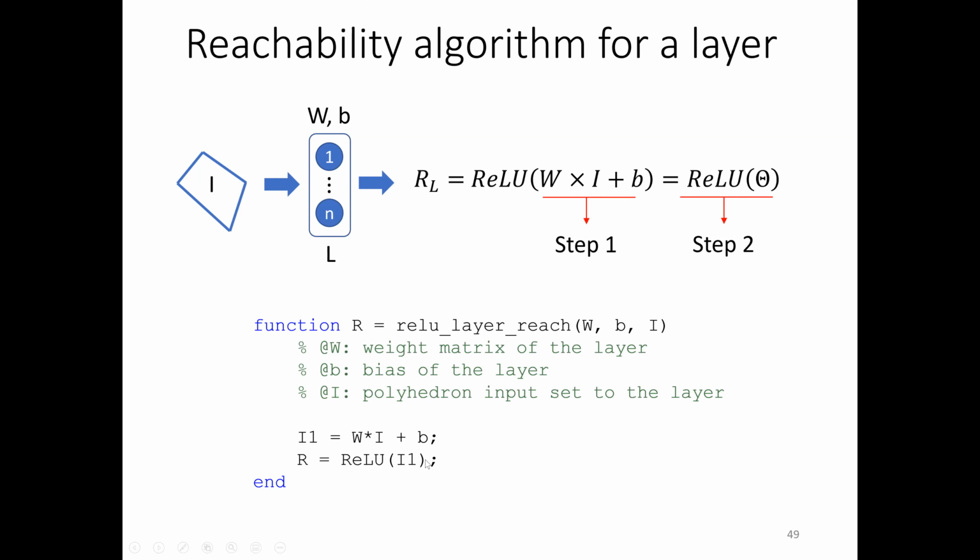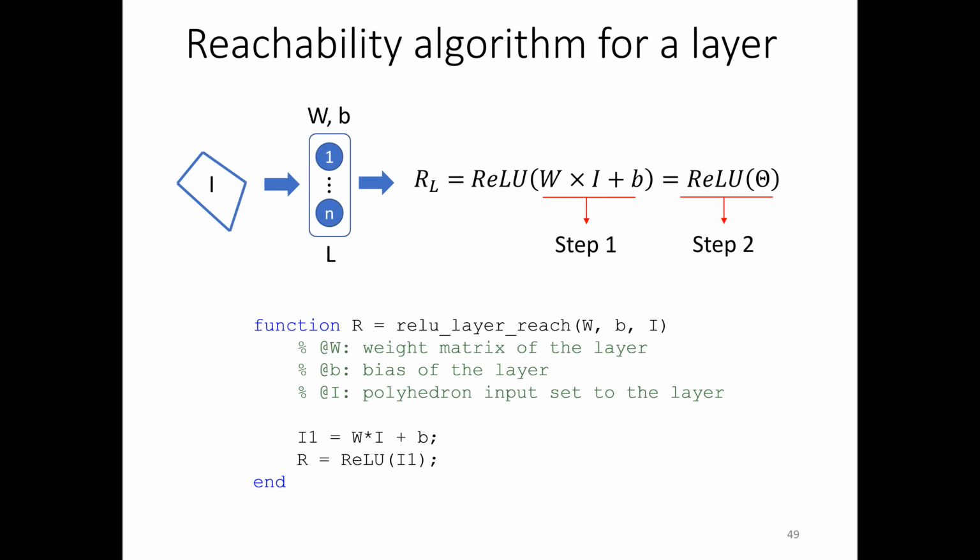And then you can get the reachable set for a single layer, right? And if you do it again and again, you can get the reachable set for the whole network, right? That's how it works. It's very simple, right? Any questions here?